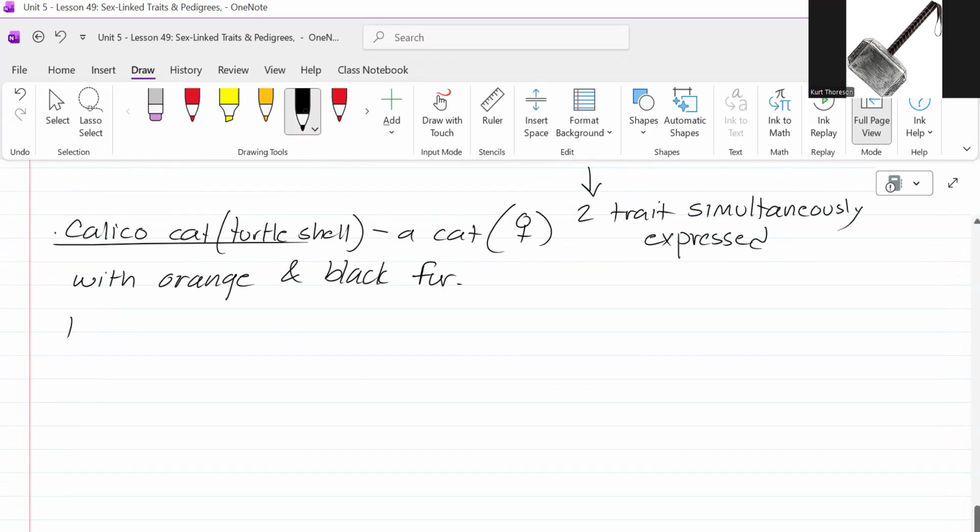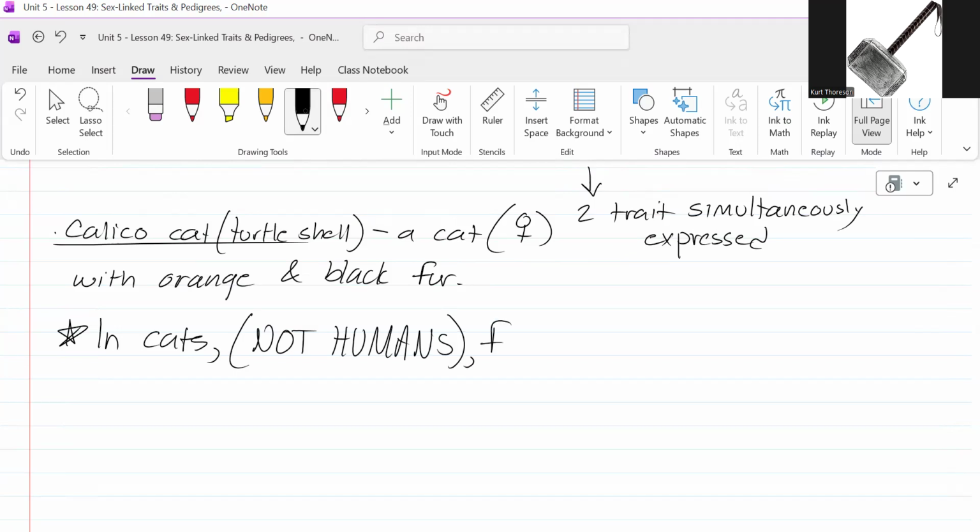Now, this is something I got to make clear because in past years, some students think that this applies to humans. So I want to say in cats, in parentheses, not humans. Fur color is an X-linked trait.